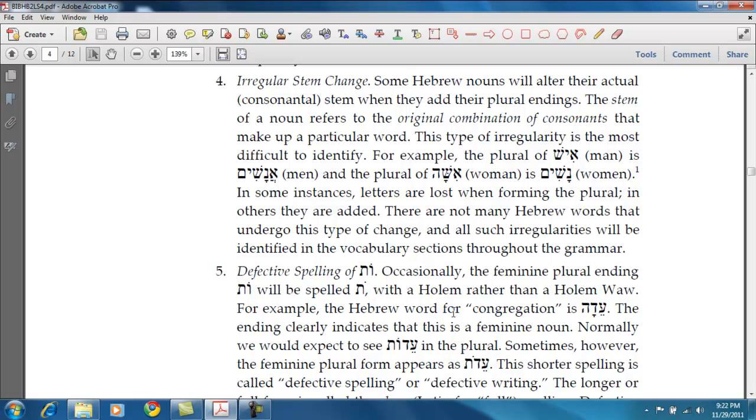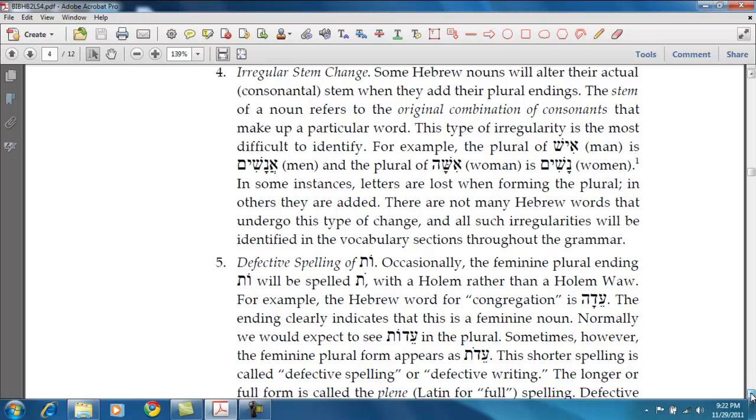For example, the Hebrew word for congregation is edah. The ending clearly indicates that this is a feminine noun. Normally, we would expect to see edot in the plural. Sometimes, however, the feminine plural appears as edot with just a holam and not with the holam vav.